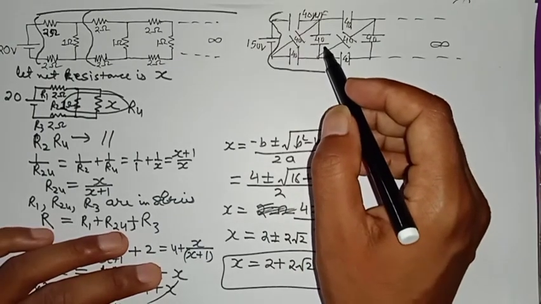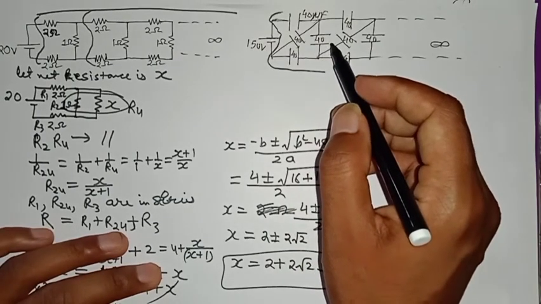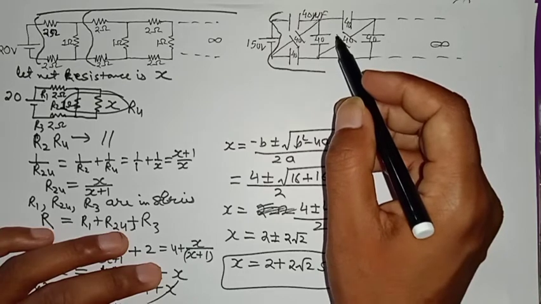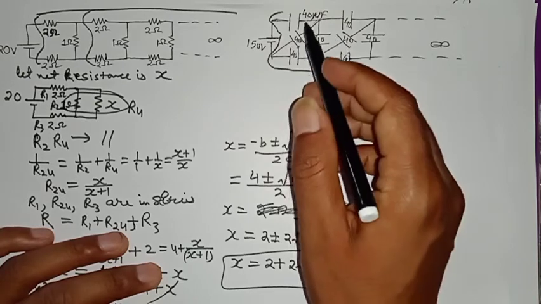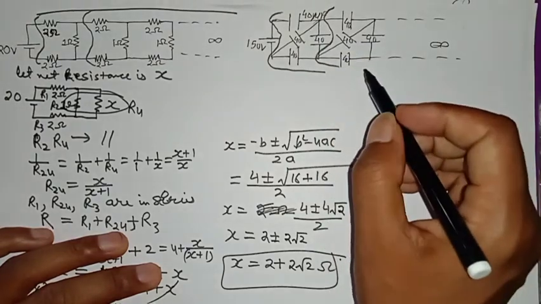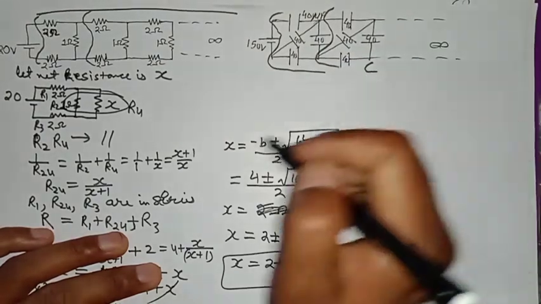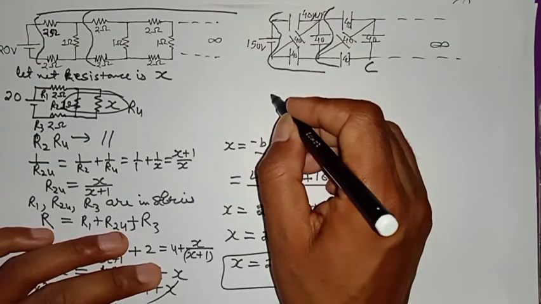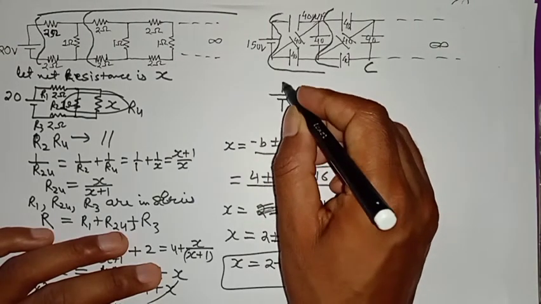Yes, of course, entire this part is getting repeated from here. So if this has capacitance C, we can redraw this circuit like this.